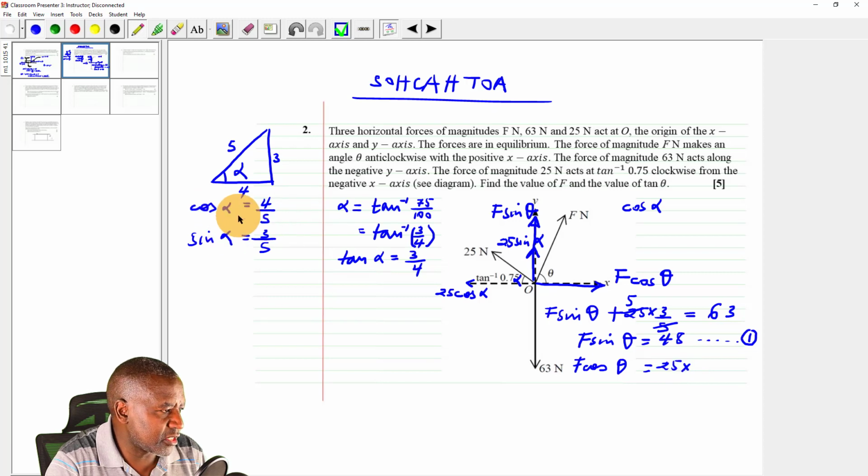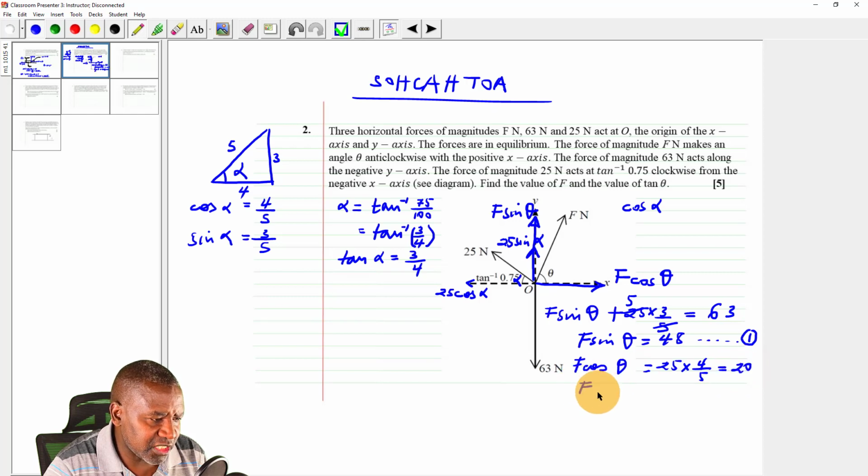We have just seen that cos alpha is 4 over 5. Since this one is 5, I'm going to get this one to be 20. That gives me this expression: F cos theta is equal to 20. Again, I can't go further than this because I've got two unknowns, theta and F. This becomes my second equation.